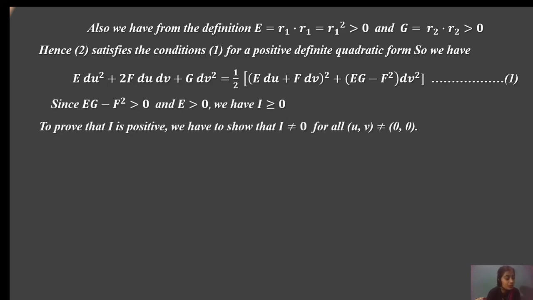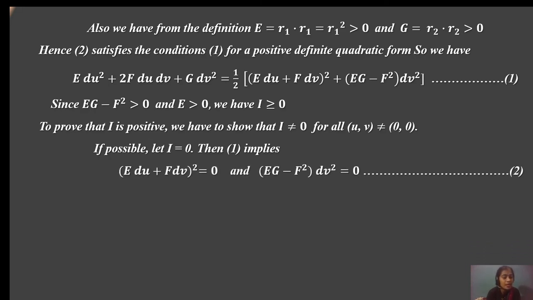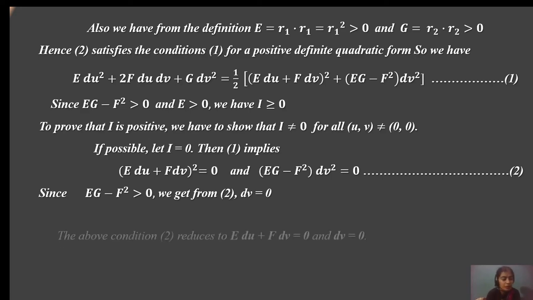Since EG minus F square is greater than 0 and E is greater than 0, I is always greater than or equal to 0. So to prove that I is positive, we have to show that I is not equal to 0. If possible, let I equal 0. Then from equation 1, (E du plus F dv) square equals 0 and (EG minus F square) dv square equals 0. Since EG minus F square is greater than 0, we get dv equals 0.